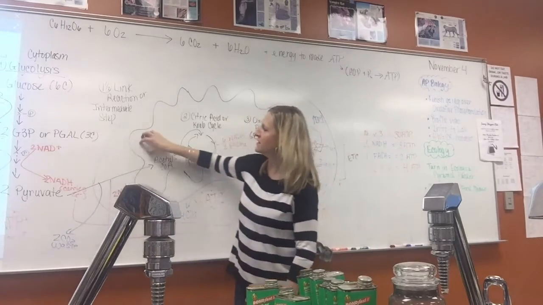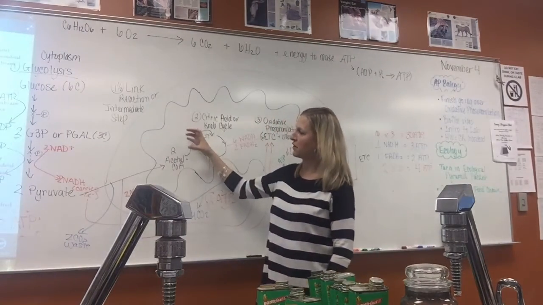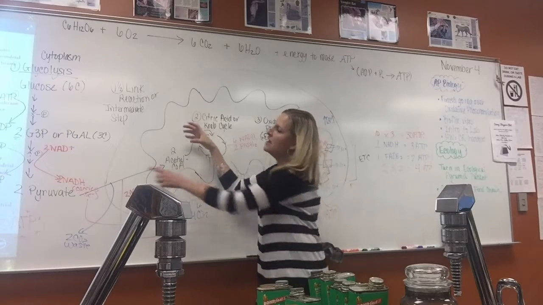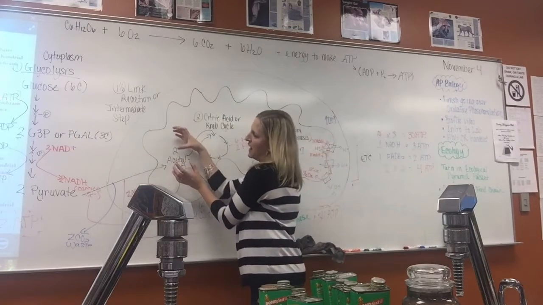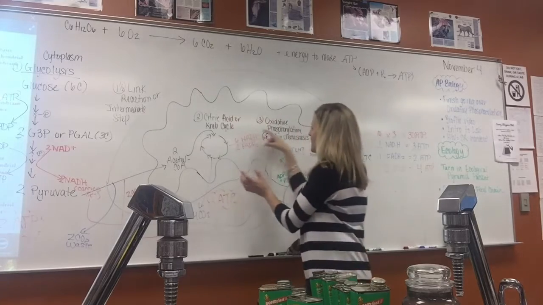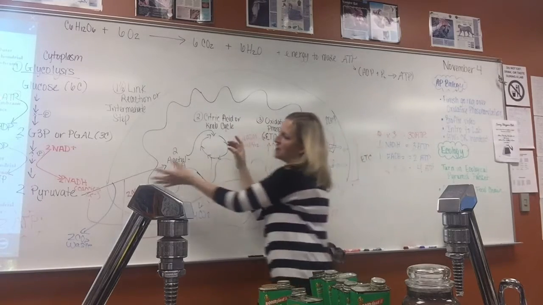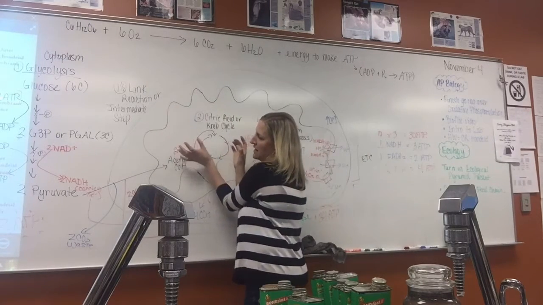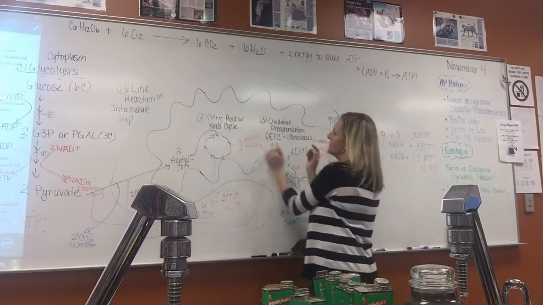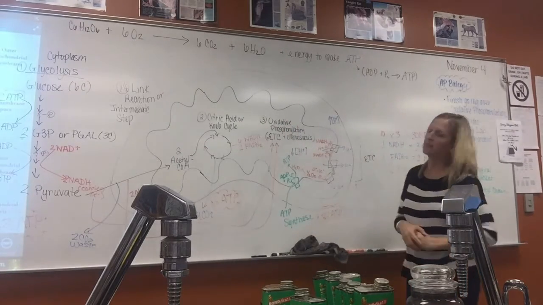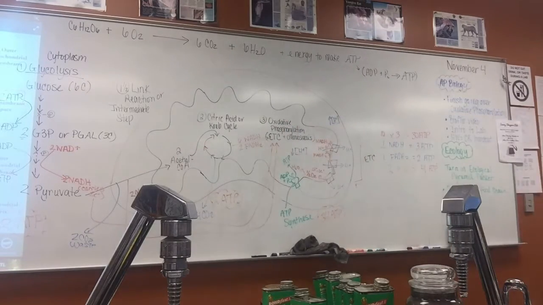What it does is give its electrons to electron carriers already in the mitochondria. So if this gives its electrons to an NAD+, it becomes NADH and goes to the electron transport chain. But if it gives its electrons to the FAD, it becomes FADH2, and you make a little bit less energy, and so that's why there's those fluctuations there. All right, and so that's where the totals come from.